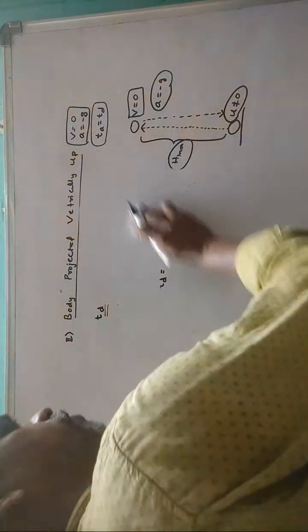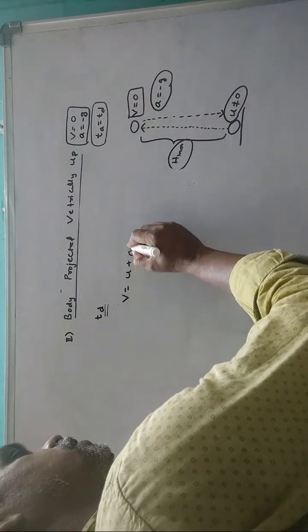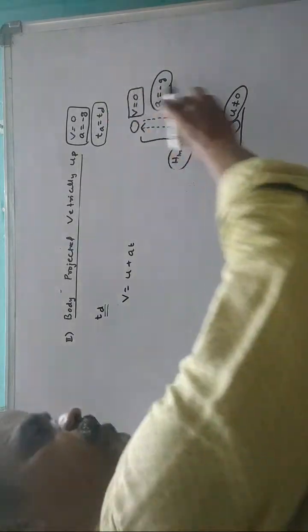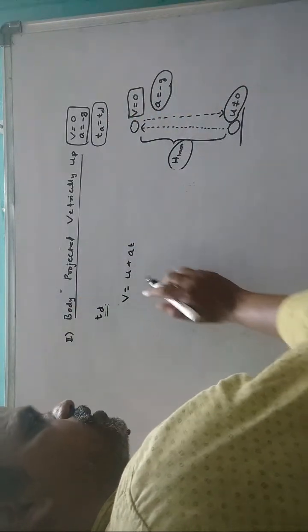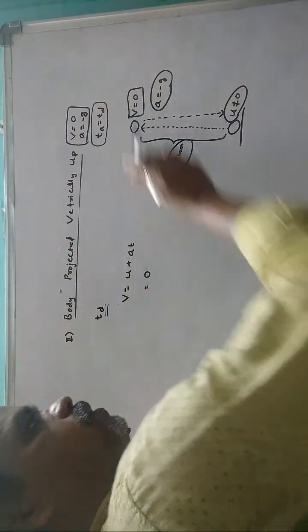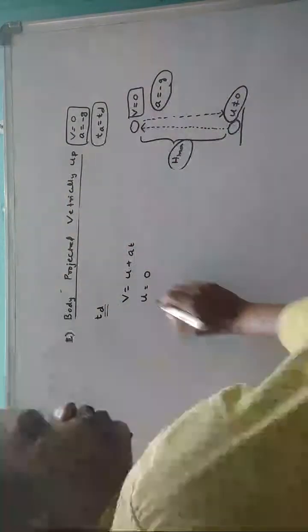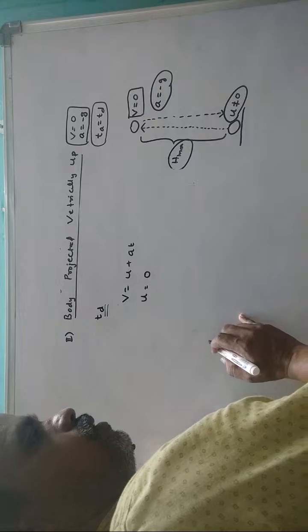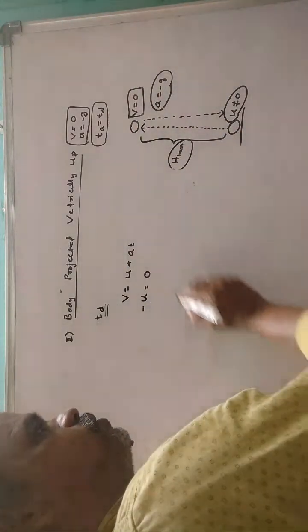One more time, v equals u plus at. It is coming down. Initial velocity of that body is equal to 0 while it is coming back, and final velocity is equal to u, taking this direction as minus u.